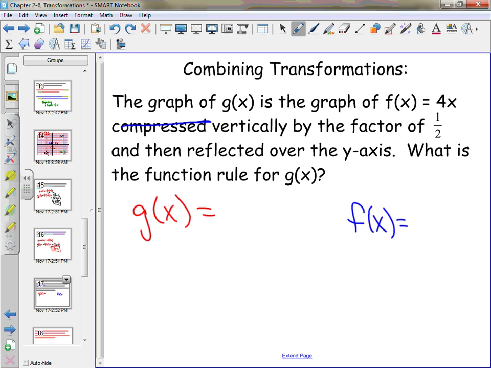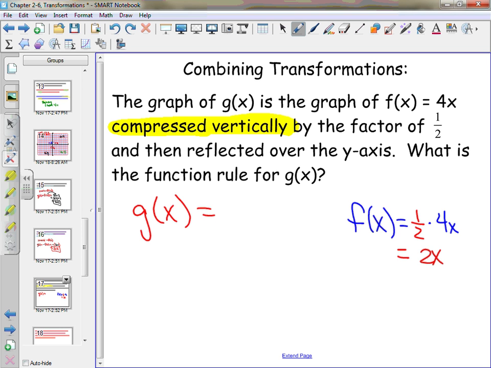So when you compress, what are you actually doing? You're multiplying by a fraction. And what is my fraction I'm multiplying by? 1/2. So what I'm going to have here is 1/2 times my function, which is 4x. So what's 1/2 times 4x? 2x. And then it's reflected over the y-axis.